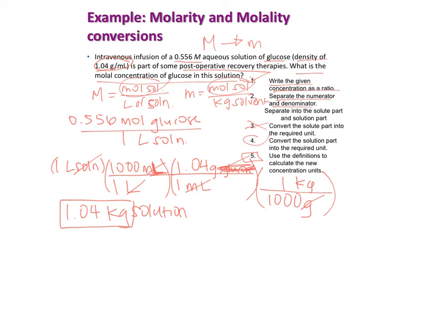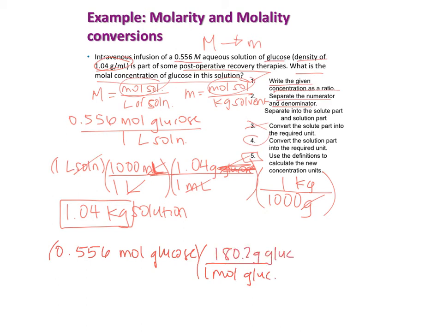To do that, we are going to take the moles of glucose and we are going to convert it to a mass. To do that, we are going to take the molar mass, which is in 1 mole of glucose, we have 180.2 grams of glucose.